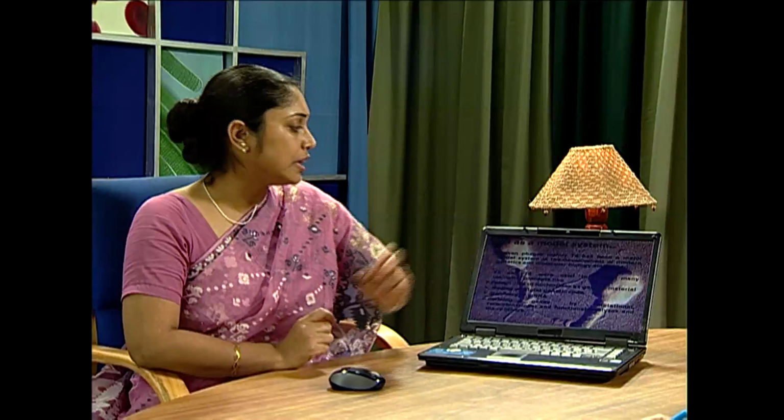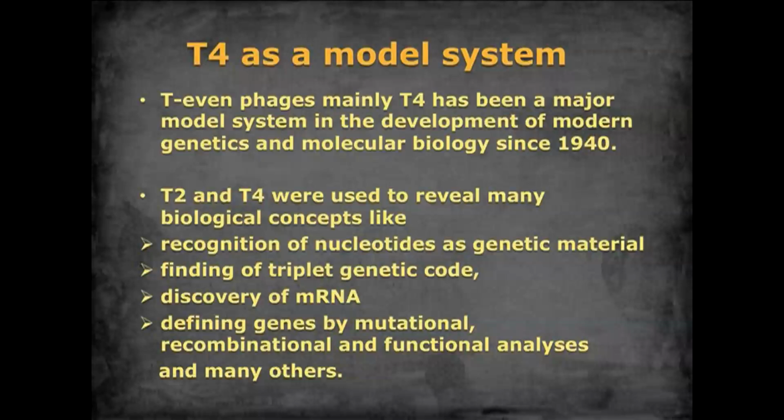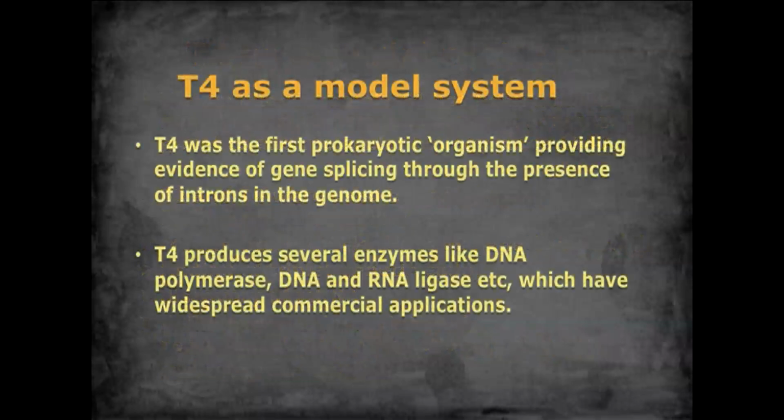Now, T-even phages are very important, and mainly T4, because T4 has been used by many scientists from 1940 for research in modern genetics and molecular biology. The T4 system has been used to make many new findings, like the discovery of mRNA, recognition of nucleotides as genetic material, defining genes by recombinational mutational analysis, etc. T4 is the first organism where the presence of an intron was observed.